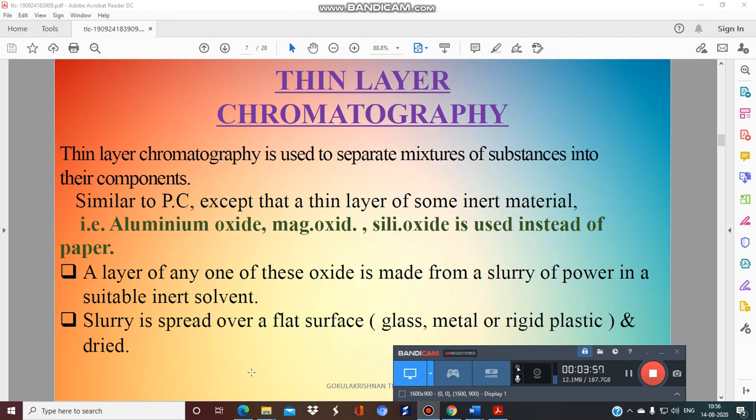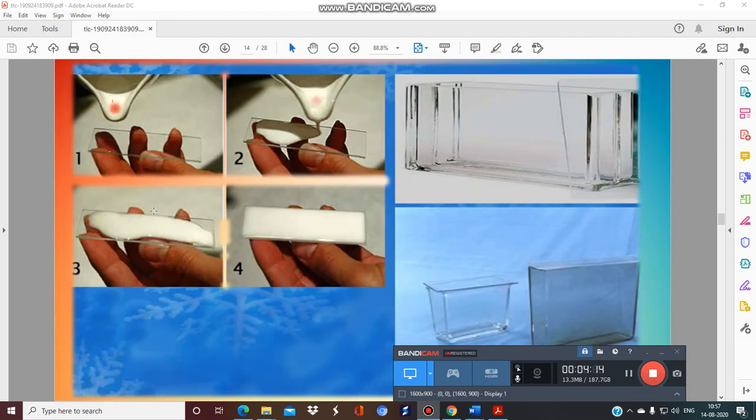Aluminum oxide, yes, it is an adsorbent. A layer of one of these adsorbents is made, prepared in the form of a slurry, and the slurry is spread on the TLC plate. There are different methods of spreading, pouring or dipping, etc. So this slurry of silica gel G powder is prepared and spread on this plate.